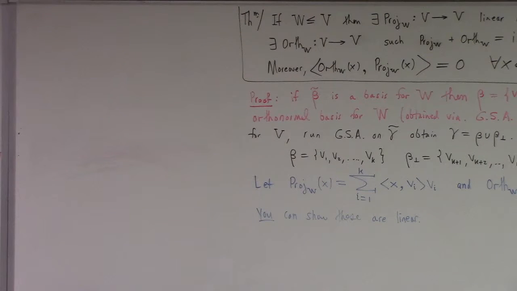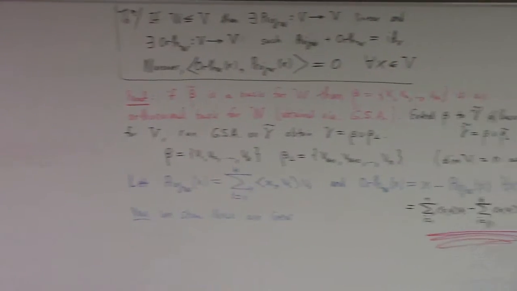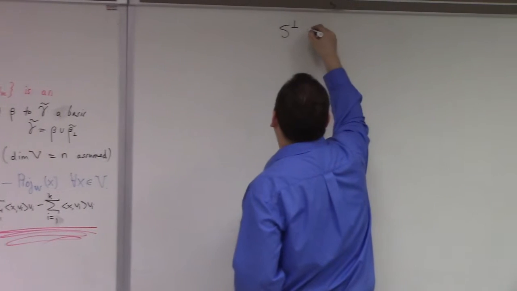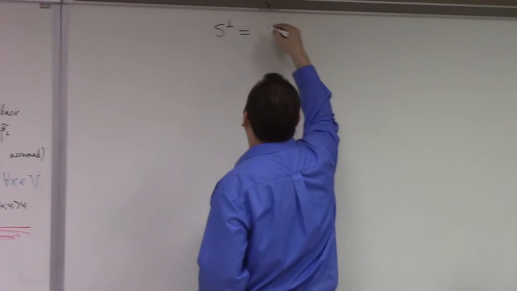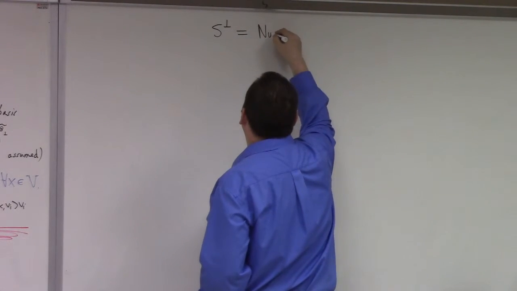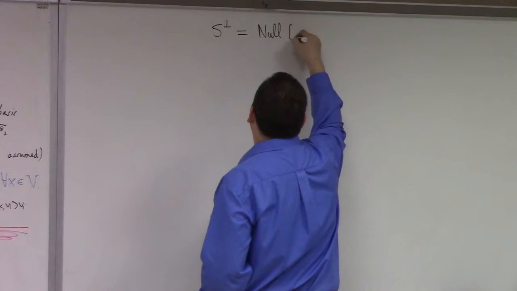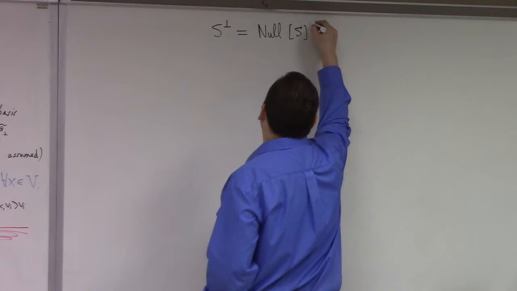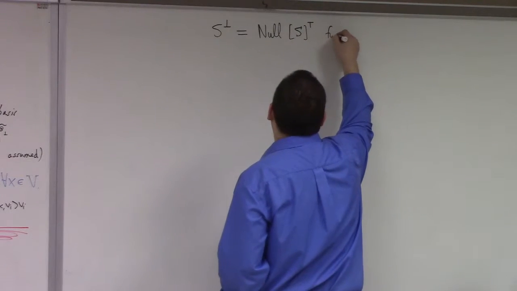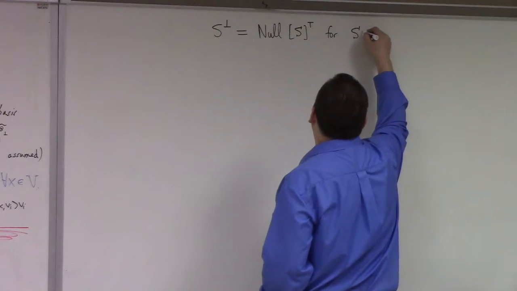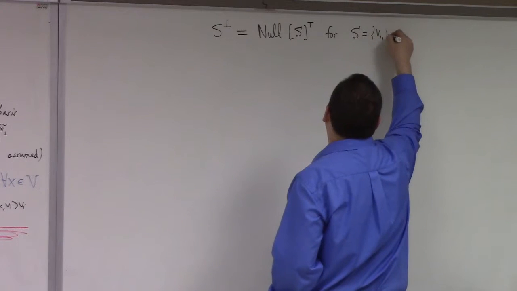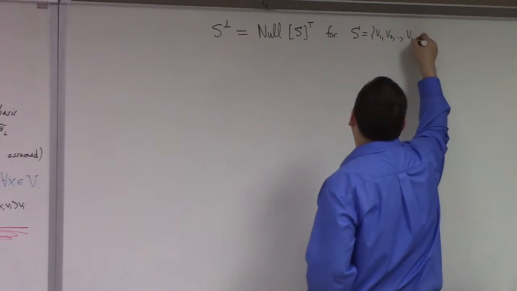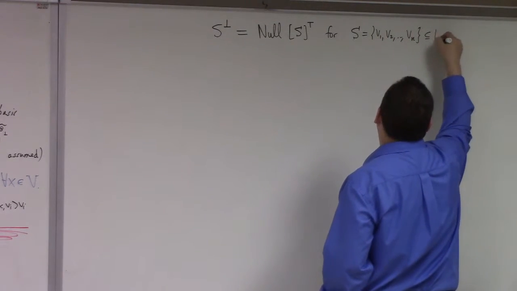Okay, so here it is. S perp is equal to the null space of the transpose of the matrix which is formed from concatenating the vectors in S. So if you have S equal to, say, {v1, v2, ...} however many you like, that's a subset of, say, R^n.